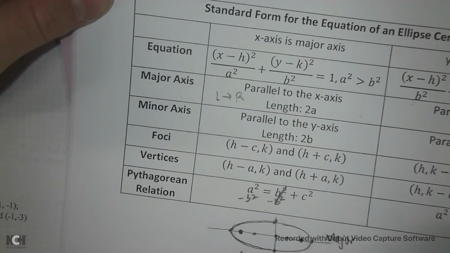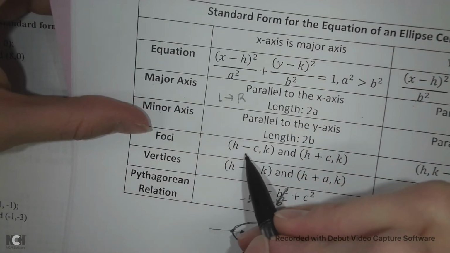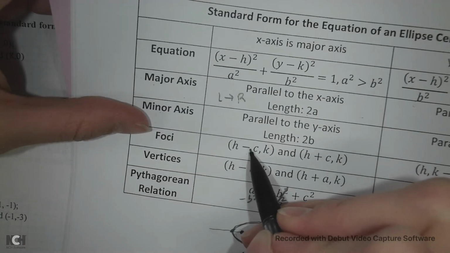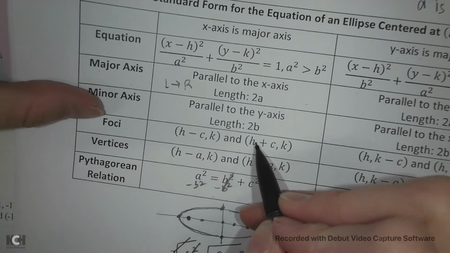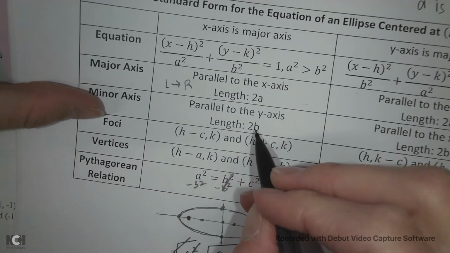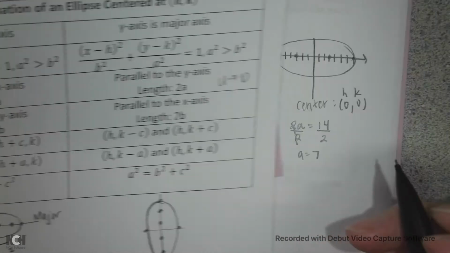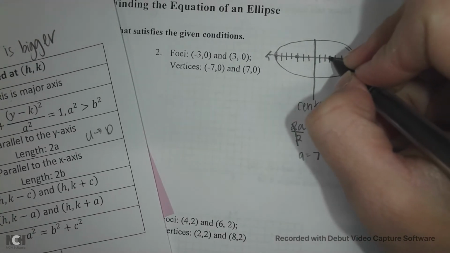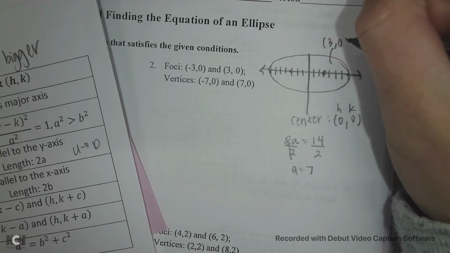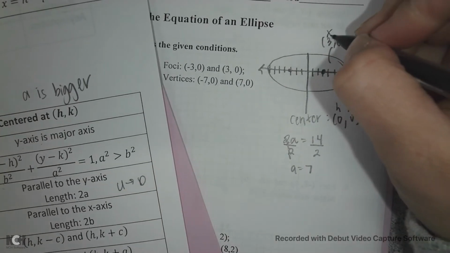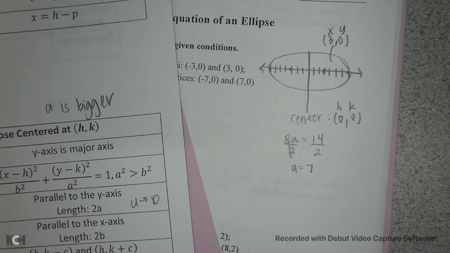So I know that for the focus, let's do the positive ones. So the one on the right-hand side is our positive dot. So this focus right here is at 3, 0. This is the X value and the Y value.